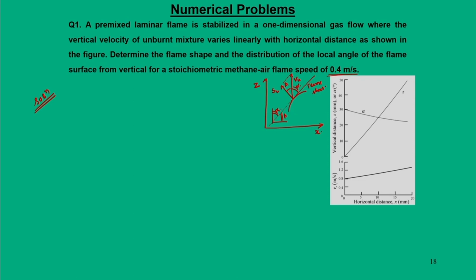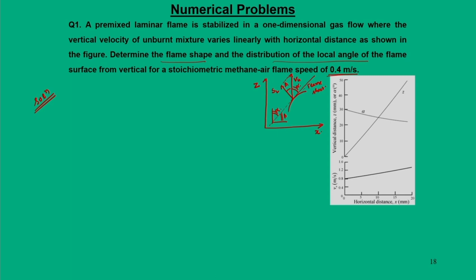Okay. At one particular point on this flame sheet we draw a tangent and configure this geometrical information. The question asks us to find the flame shape first, and the distribution of local angle. Local angle means how alpha varies with distance.